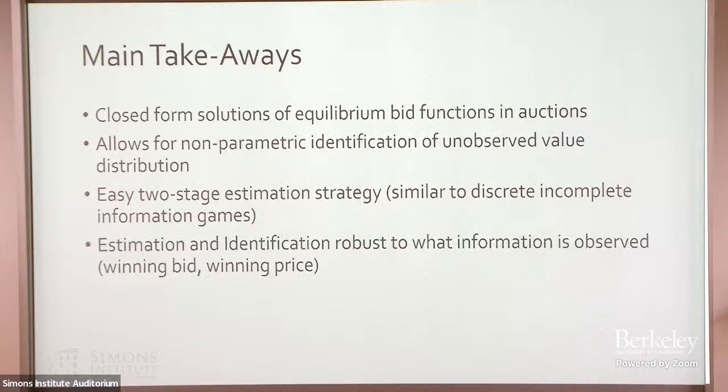And there are easy two-stage estimation strategies where you estimate the observed bid distributions and then plug them into an analog of the best response equation and get back the distribution of values.